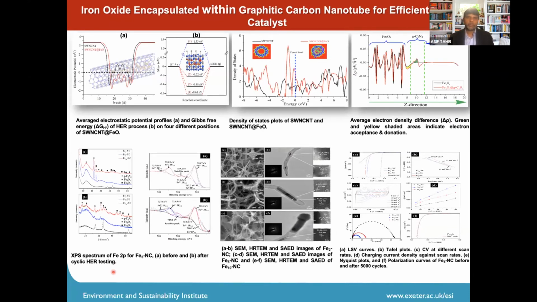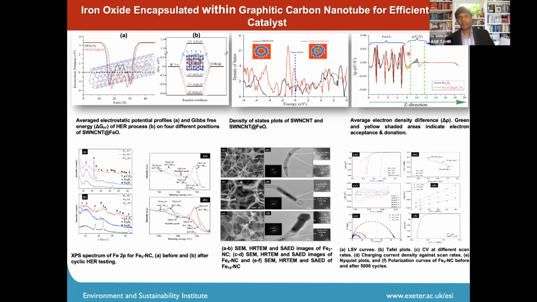First we modeled this using a computational DFT study, to see what the band structure would be if we embedded iron oxide inside the graphitic nanotubes, and what the effect would be on the surface, as well as on the electron density difference.